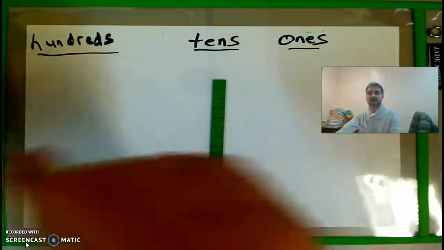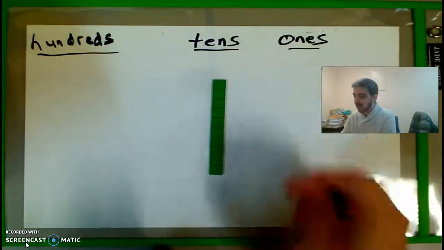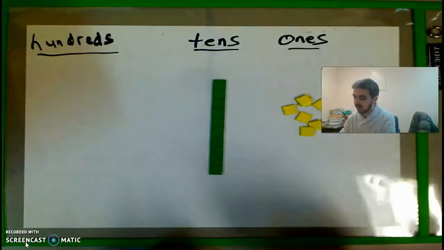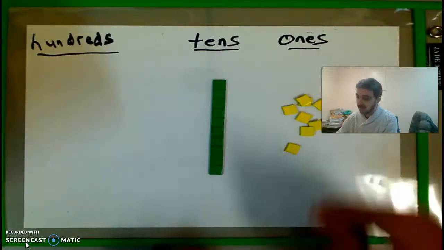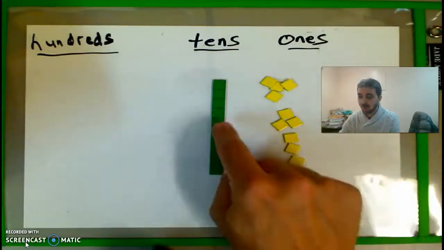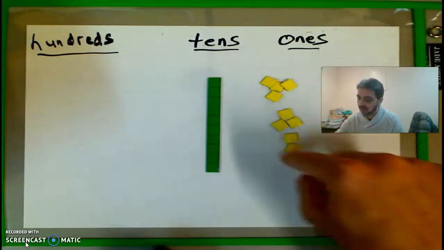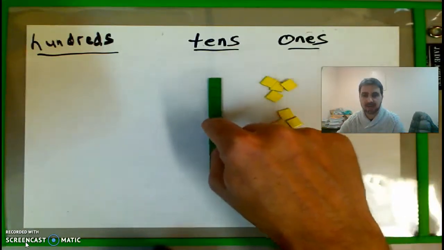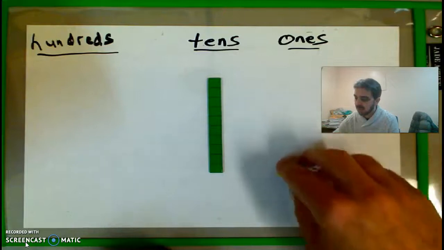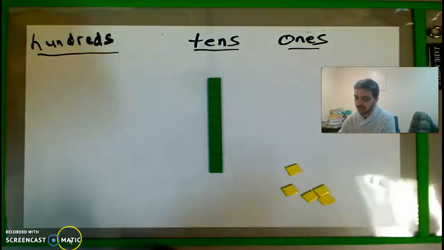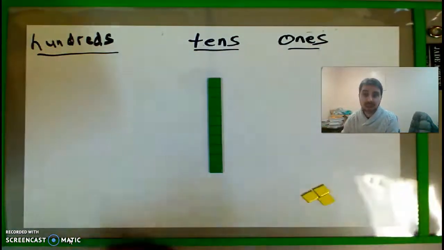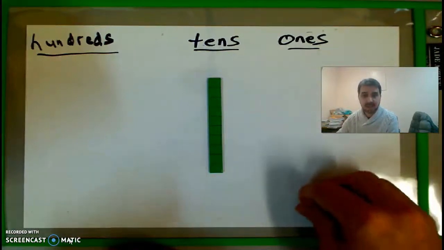Or you could have 10 pieces of candy, or you could think of it as one bag of candy. So all of these pieces of candy are inside this bag. So that's 1 ten, we call it. And the reason it's called a 10 is because you can fit 10 in there.